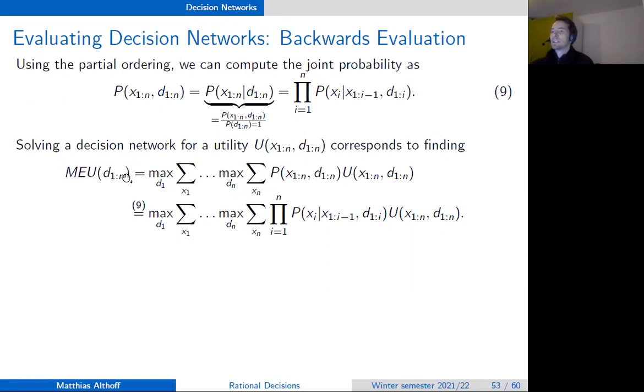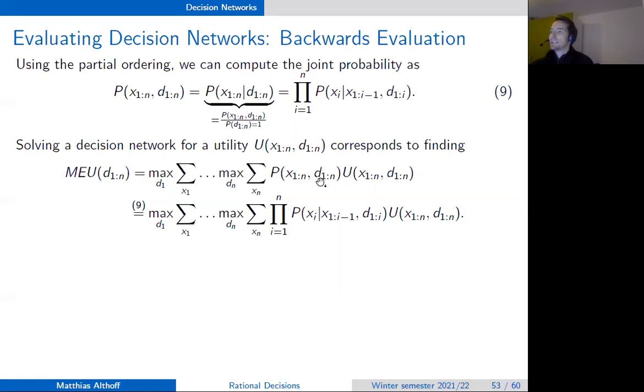So the maximum expected utility over all decisions is obtained by first making the last decision, then we get an optimal policy, then we make the next decision, and so on until the very first decision. So we always want to maximize the utility, of course, and then we start with the last and go to the first one.